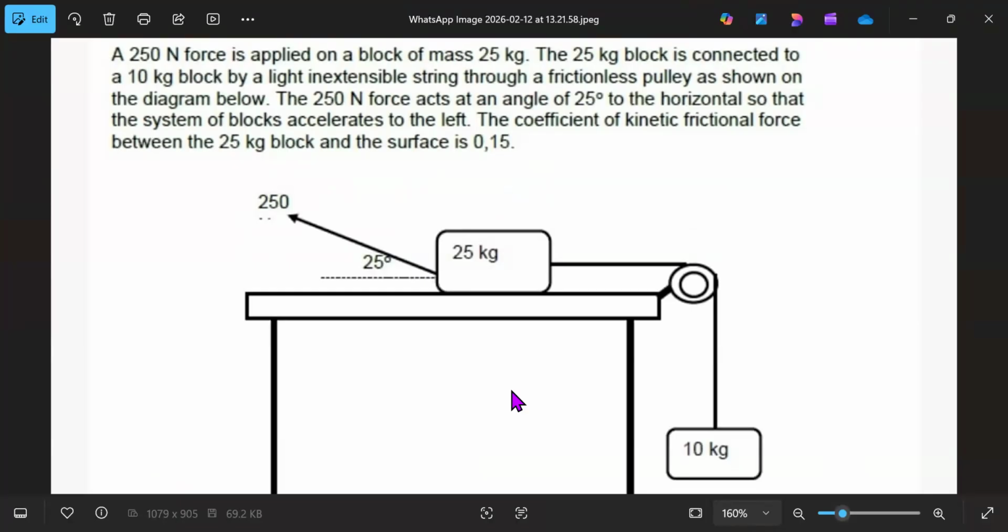By considering each object or each block separately. That's how we do it. If you go to the 25 kg block, it's going to give you one equation that has two unknowns. And the same thing holds if you go to the 10 kg block, you'll get the second equation that has two unknowns as well.